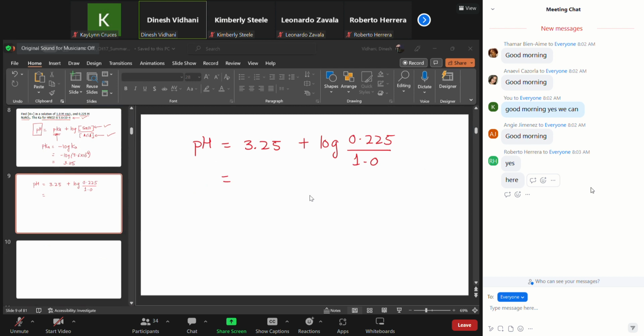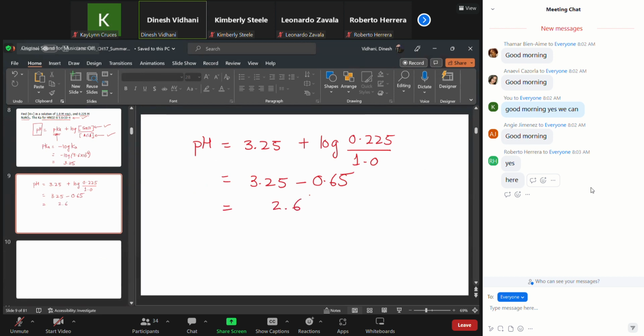If you take the log of 0.225, that's going to be 0.65. So 3.25 minus 0.6478. So you can simply say 0.65. That's going to be the answer for the pH, and this will turn out to be 2.6.